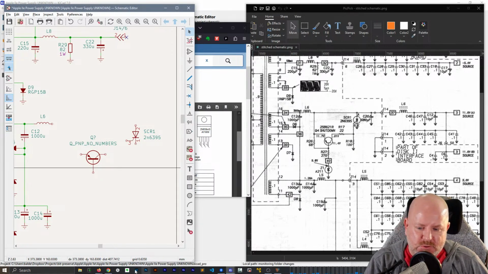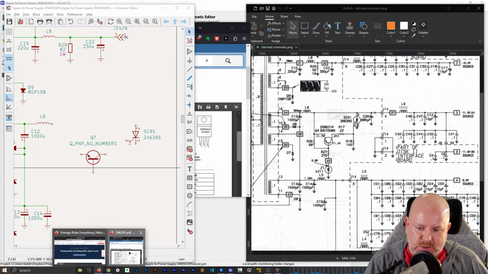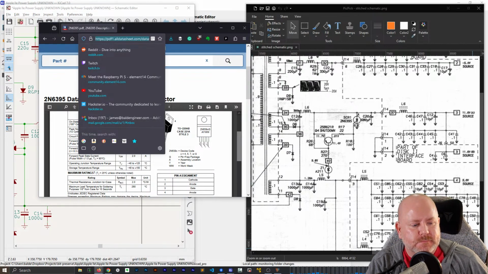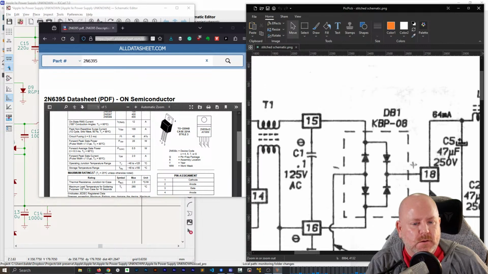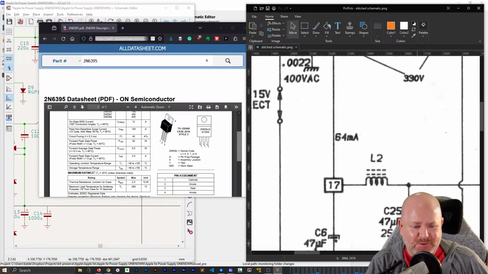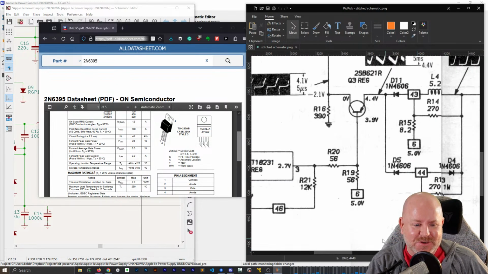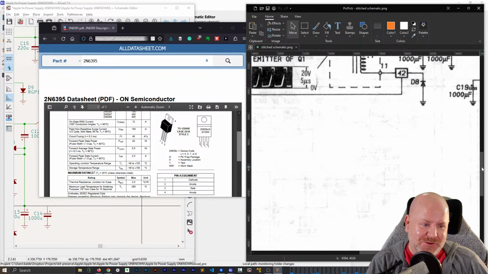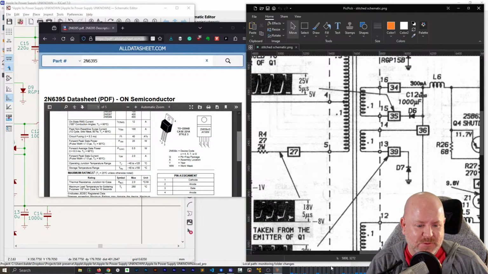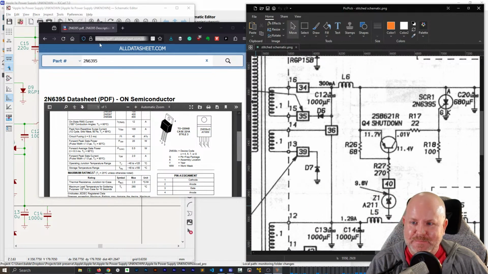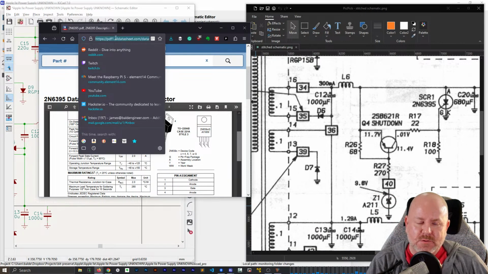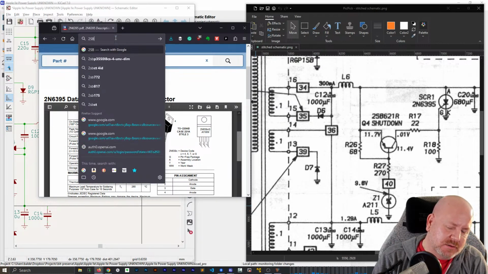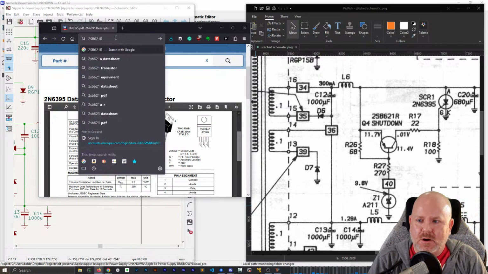Now, this transistor, let's repeat the same process. Let me blow this up so that it's easier for you guys to read. Since with my very good eyes, I'm able to read it with no problem whatsoever. I just want to make it easier for everybody in chat. I'm going to look for a 2SB621R.